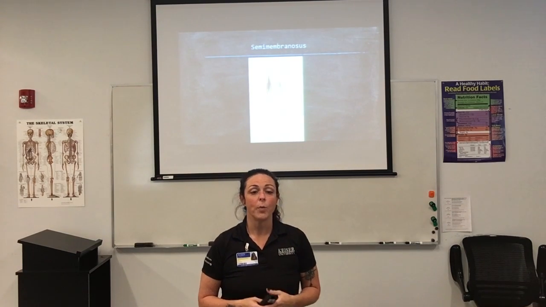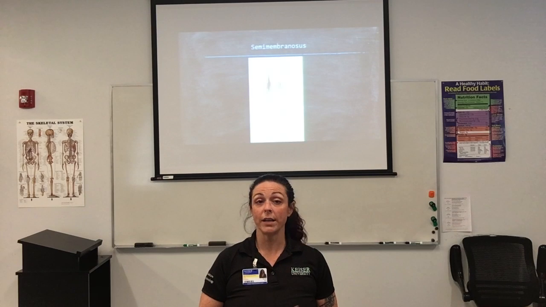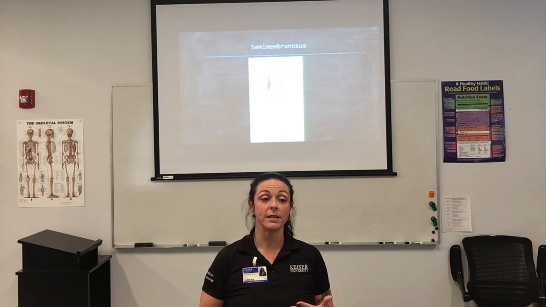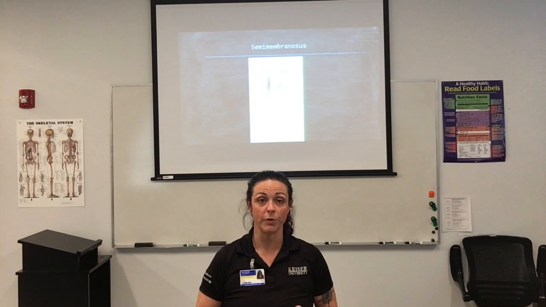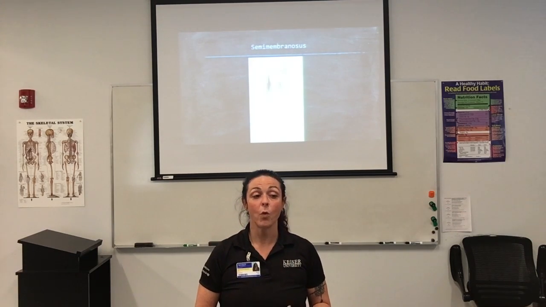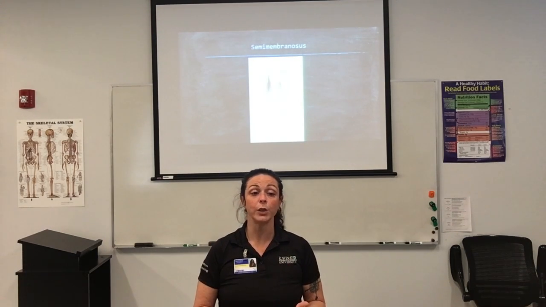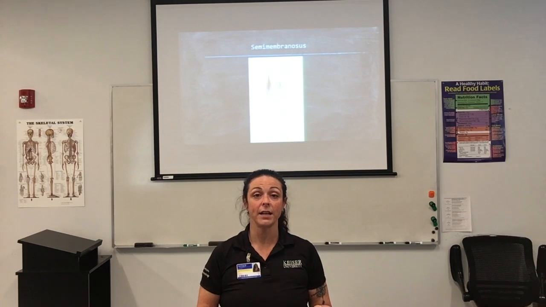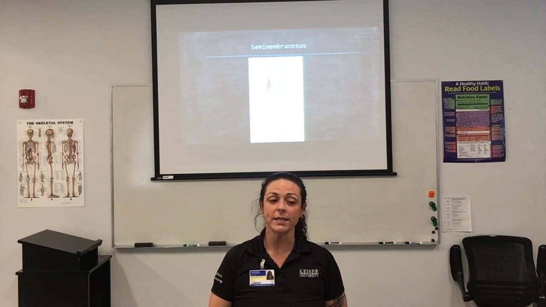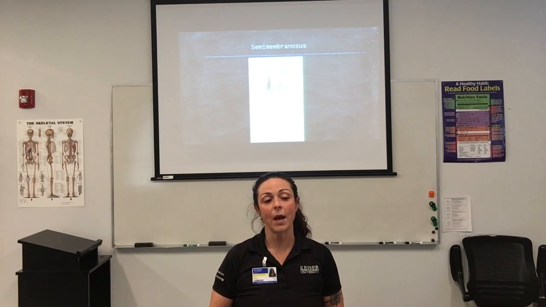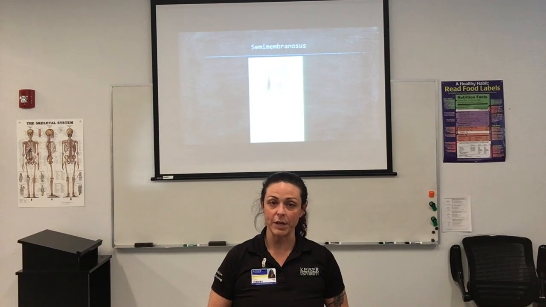The athlete can incorporate stretching, strengthening, as well as partner-assisted stretching, if that's more comfortable for them. The fourth phase can include sport-specific activity, as well as increasing strength. Now, bracing or taping would not be utilized for this type of injury.